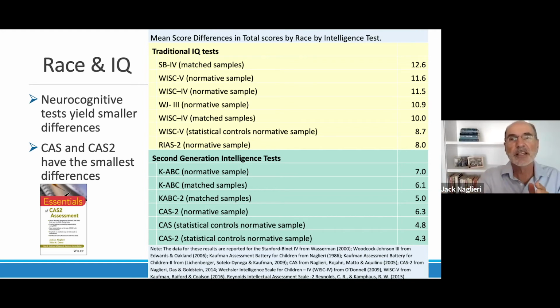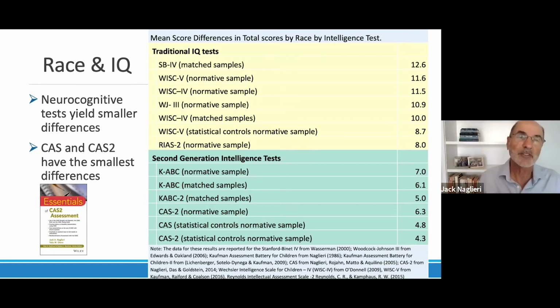So you see the kind of black-white differences you get on all these tests in the yellow shaded boxes. And you see what you get with the KABC. This progression goes all the way down to the CAS2, the smallest difference between race groups, CAS2, because we measure more than anyone else measures.